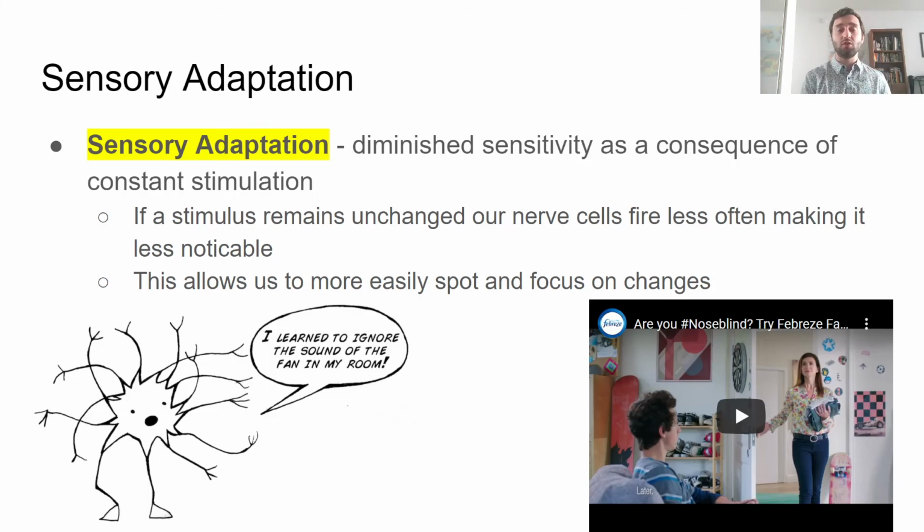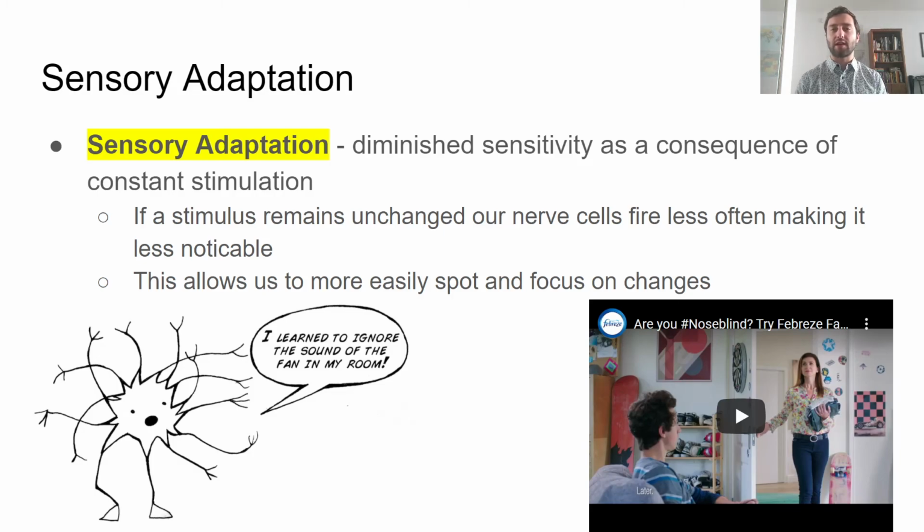Now, this is actually a really useful trait, because it allows us to more easily focus and spot changes. Sound is maybe the easiest example. Imagine you're out in the wilderness walking around, and you can hear the sounds of nature. After a while, those normal sounds, like birds singing or chirping, crickets, or the wind, kind of fade away, but we'll notice a change.